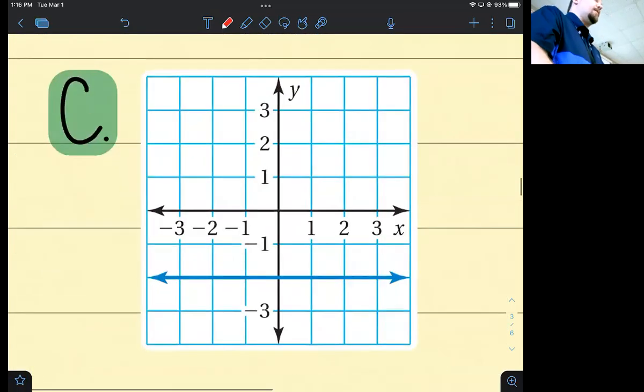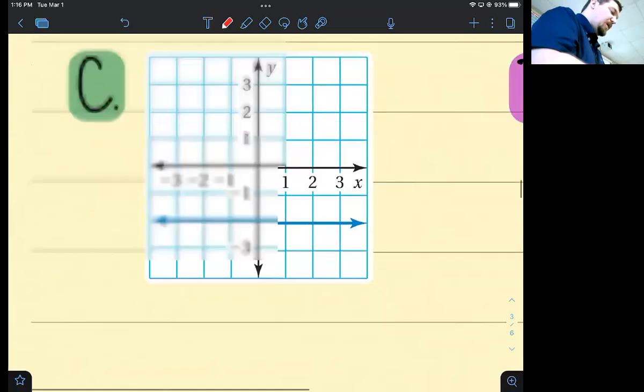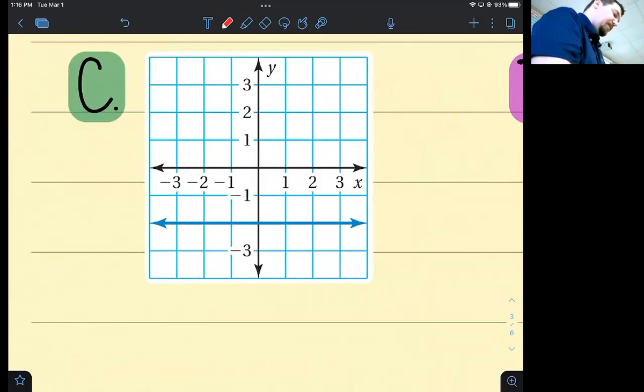What about this one here? Linear or non-linear? Linear. On your homework tonight, instead of putting a bunch of n's, l's, and l's, every time you get to a linear function, I want you to write that linear function's slope-intercept equation, either using f of x or y, your choice.